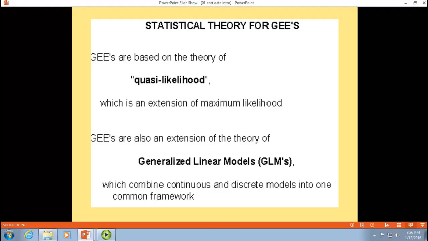It's an extension of it. And also it turns out that GEE is an extension of the theory of what's called generalized linear models, which combine continuous and discrete models into one common framework. Now you've already, when you were dealing with the Poisson regression model last semester, dealt with a program called GenMod, which is set up to deal with a whole bunch of different kinds of models.